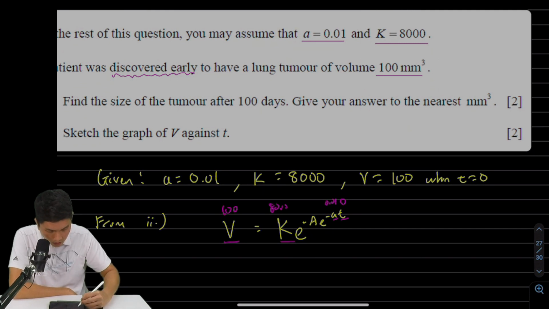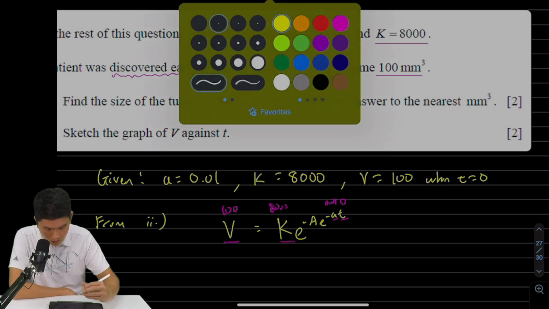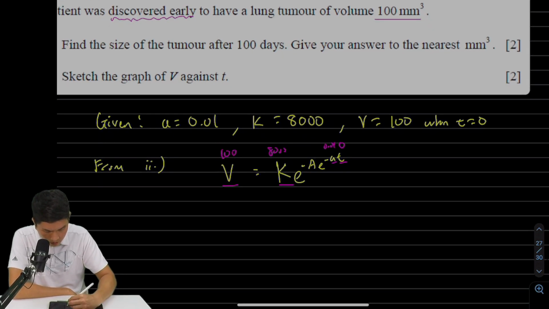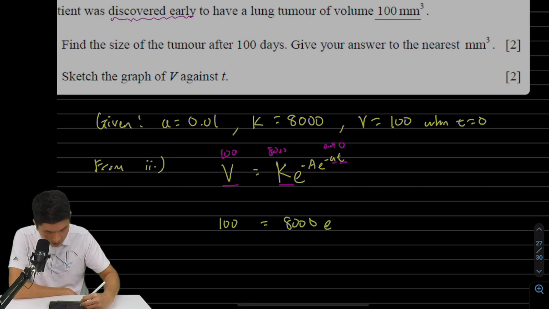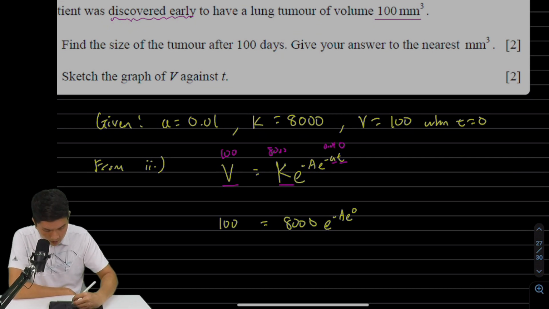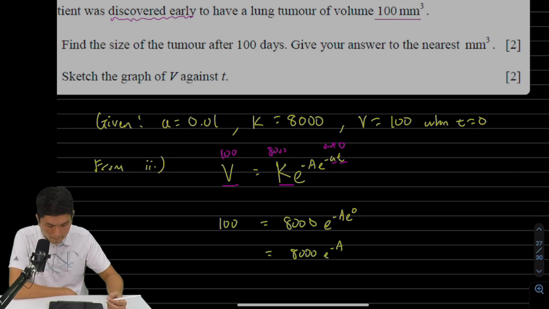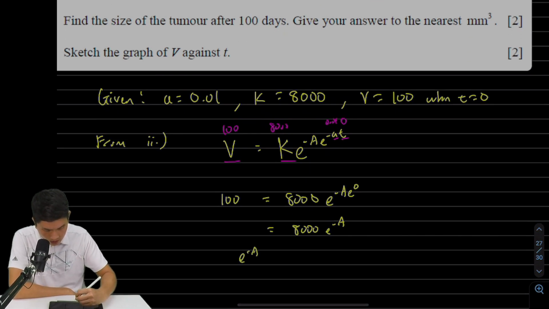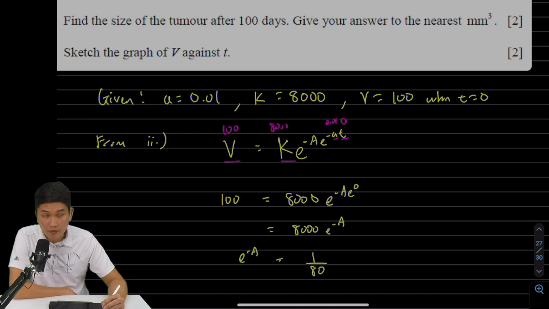Then the only unknown that I have is capital A. I can solve for capital A. So let's do this. 100 equals 8,000 times e to the negative a e to the power 0. E to the power 0 is 1, so that's 8,000 e to the negative a. So I'm going to write this as e to the negative a equals 1 over 80. Skipping a few steps here and there.